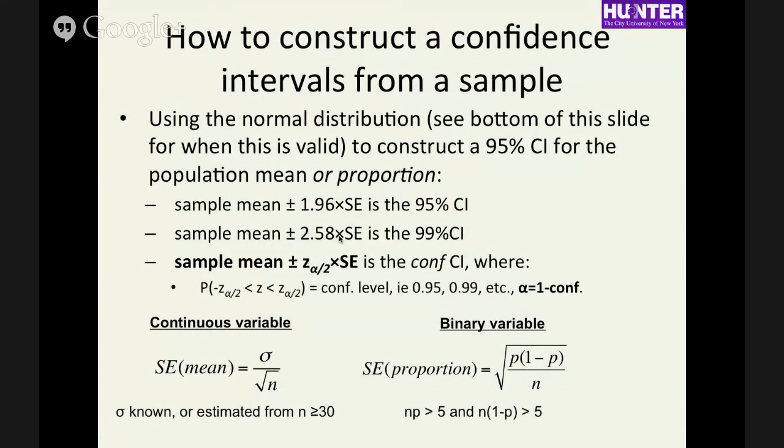You don't need to think too much about the computational aspects of it. You'll do lots of that in the lab and in the assignments and preparing for the exam and everything. The main point now is that you understand what a confidence interval is and where it comes from. So this is the general idea: if alpha is 1 minus your confidence level, then you look up the z value for alpha over 2 and multiply that by your standard error to get your margin of error.